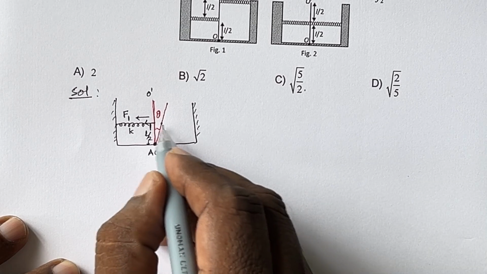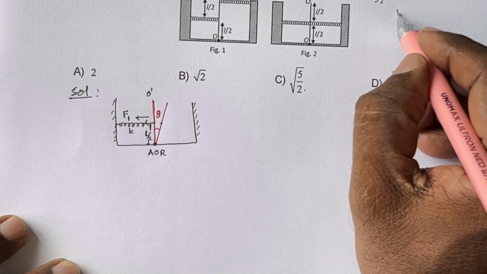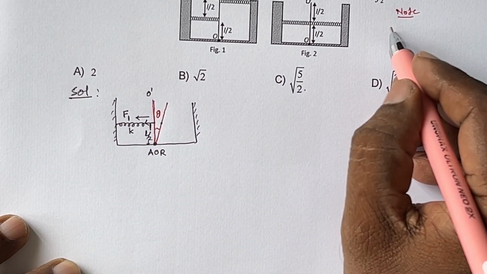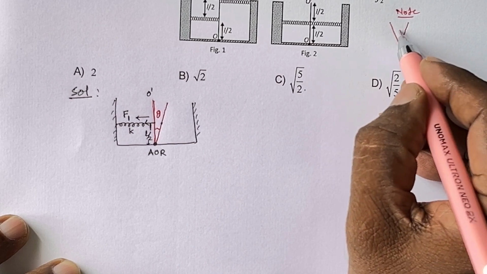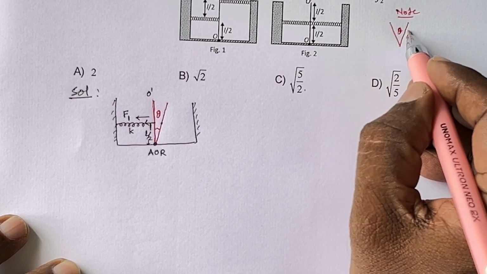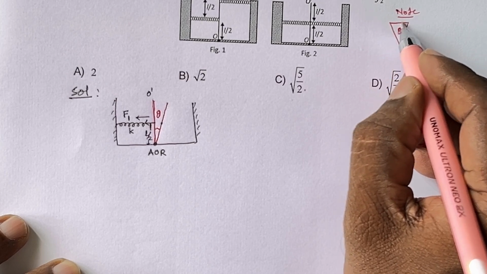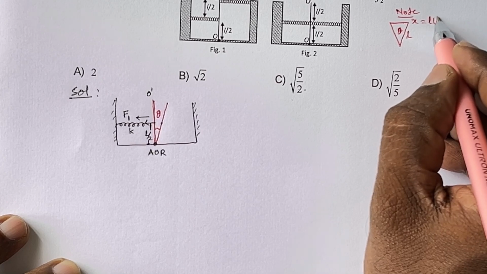Whenever we displace through theta angle, this is length L, and the linear displacement will be x is equal to L theta.